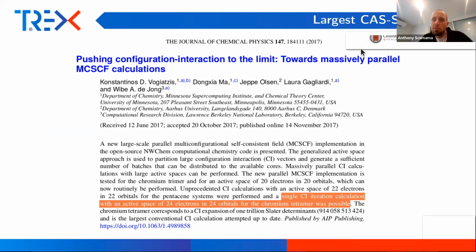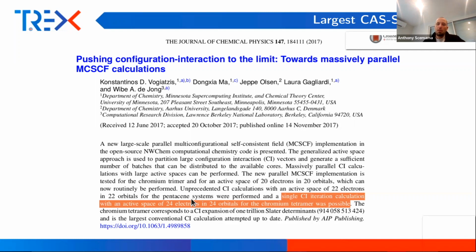So in 2017, there is this group. They were able to do a very large CAS SCF with 22 electrons in 22 orbitals, which was the world record. And they were even able to do a single CI iteration of 24 electrons in 24 orbitals.